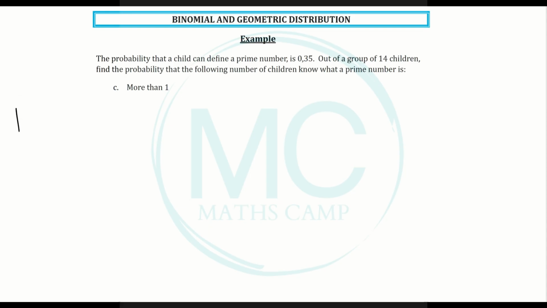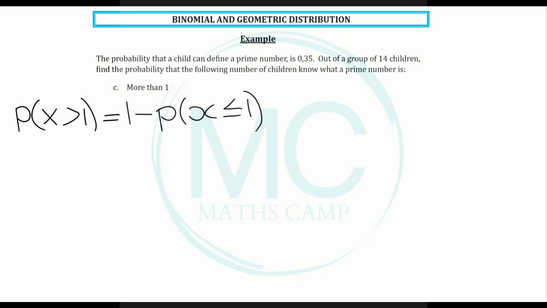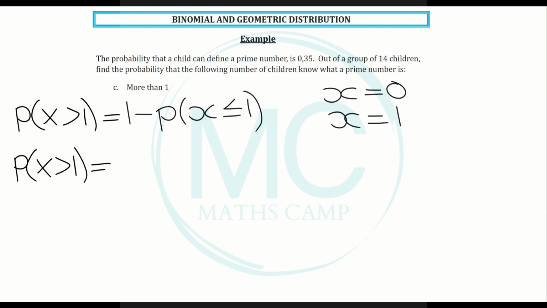So I can say that the probability that x is greater than 1 is equal to 1 minus the probability that x is smaller than or equal to 1. If x is smaller than or equal to 1, this means that x could be 0 or x could be equal to 1. And we already found values for these in part B. So now I'm going to say the probability that x is greater than 1 is equal to 1 minus, let's open a bracket.